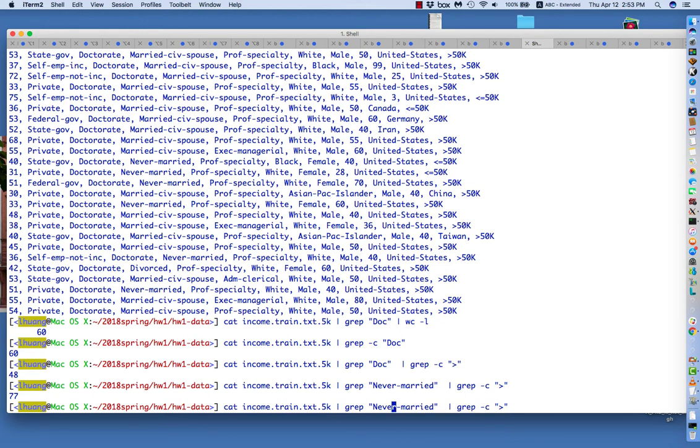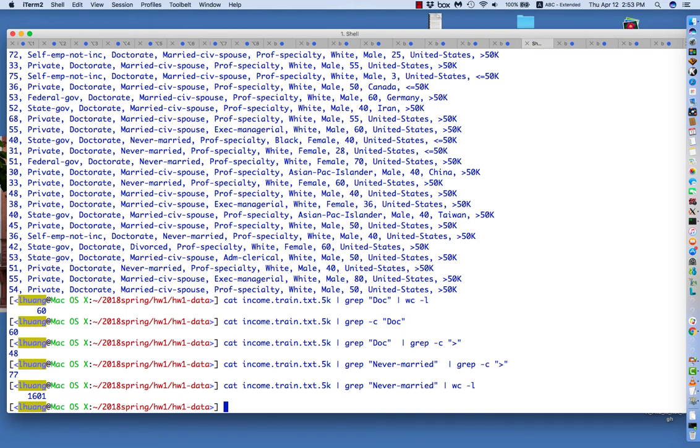Well, there are 77 never married people, single people earning more than 50K. But how many people are there never married in total? Yeah, a lot, right? So that's why it's only 5%. If you're never married, there's only 5% chance you earn more than 50K, okay?